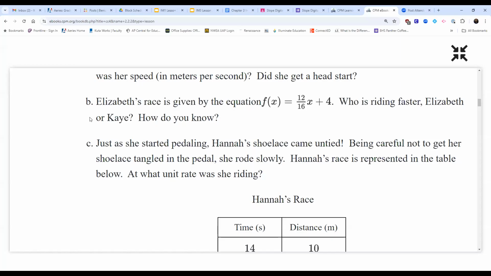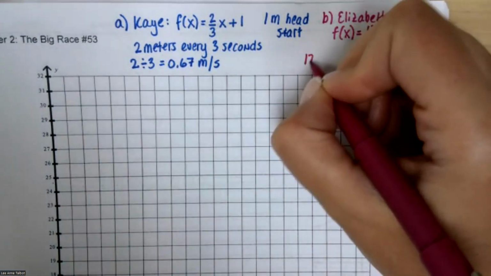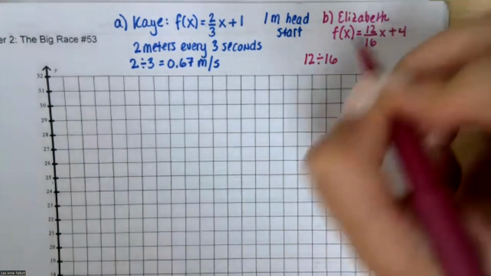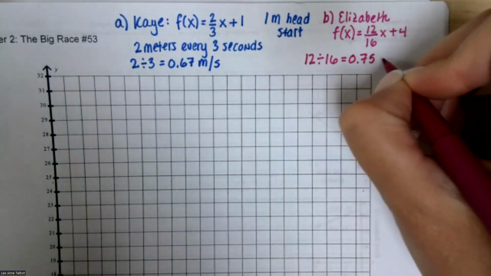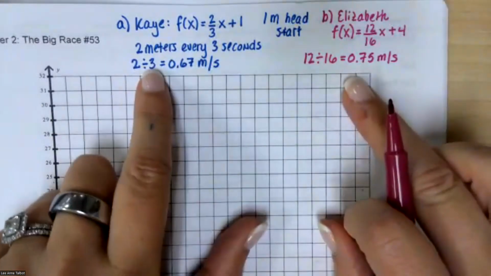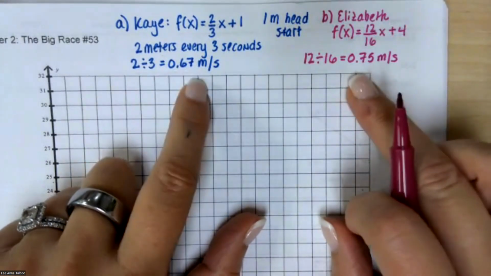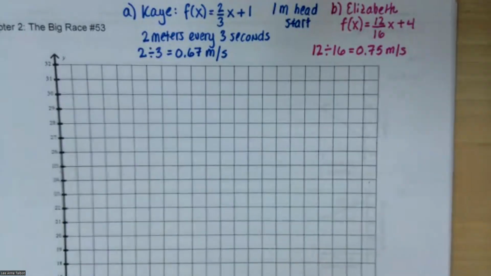Who's writing faster, Elizabeth or Kay? How do you know? Okay, well, what's 12 divided by 16? 0.75. Nice. So who's writing faster, Kay or Elizabeth? Elizabeth, right. You can see how the unit rate is helpful because you can compare those much easier than comparing these.